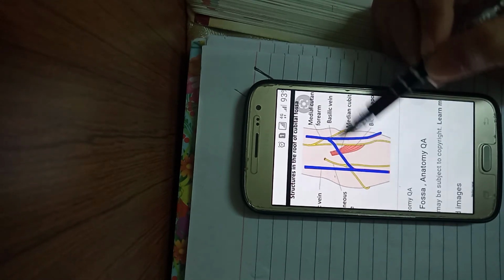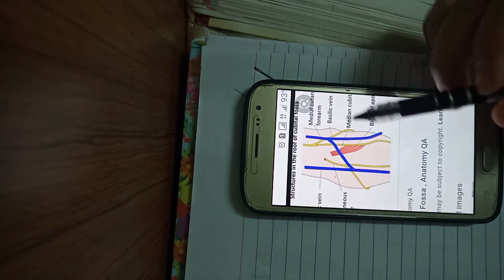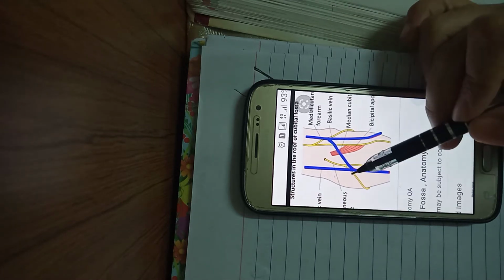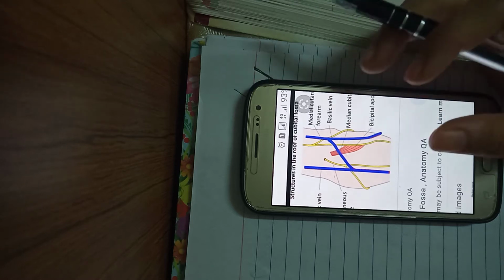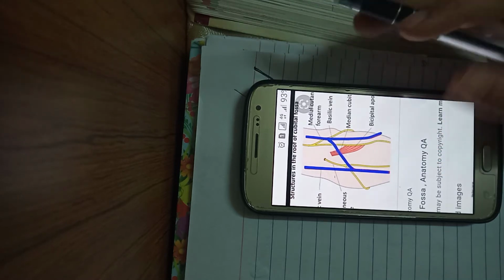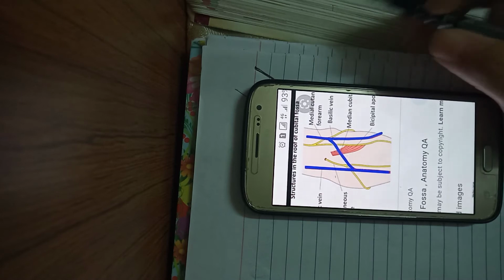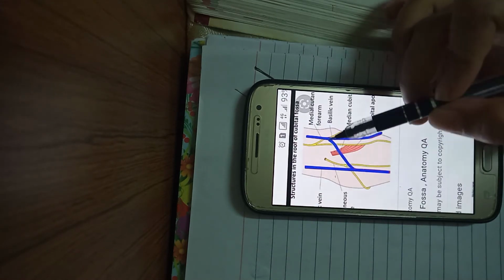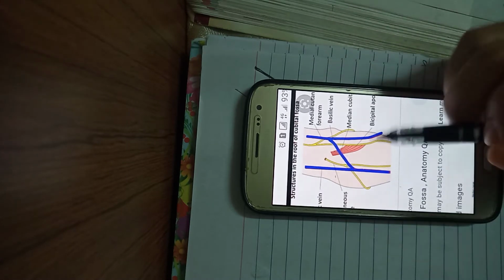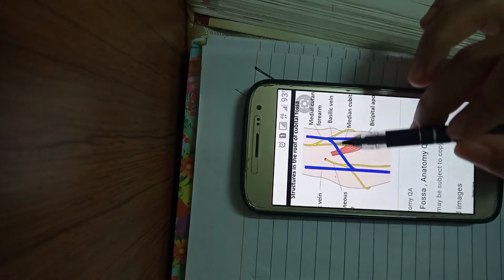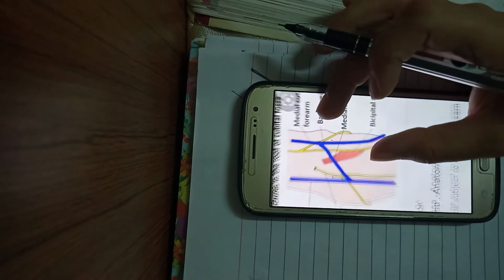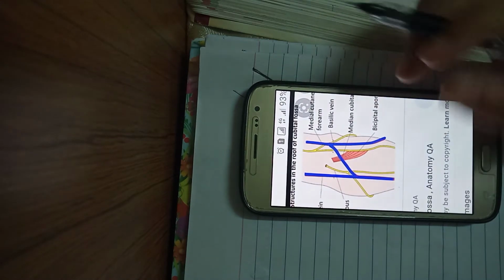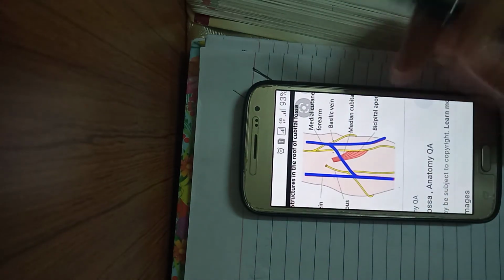Basically, the function of the median cubital vein is that it shunts the blood from the cephalic to the basilic vein. It is a very important MCQ question that the flow of blood is from the cephalic vein to the basilic vein, or we can say from the lateral to the medial side. Along with these structures are the cutaneous nerves of the forearm.